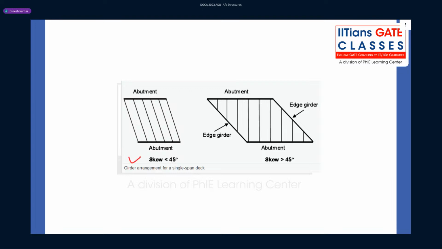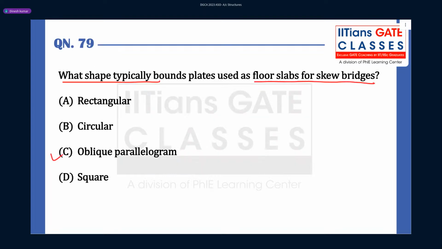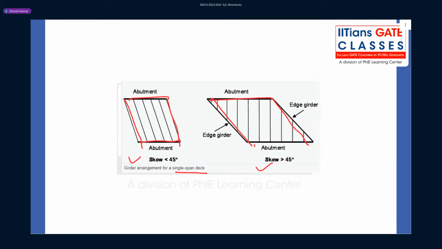Here skew is less than 45, here skew is greater than 45, but you can see these are the parallelogram types. You can see single span deck. So oblique parallelogram.